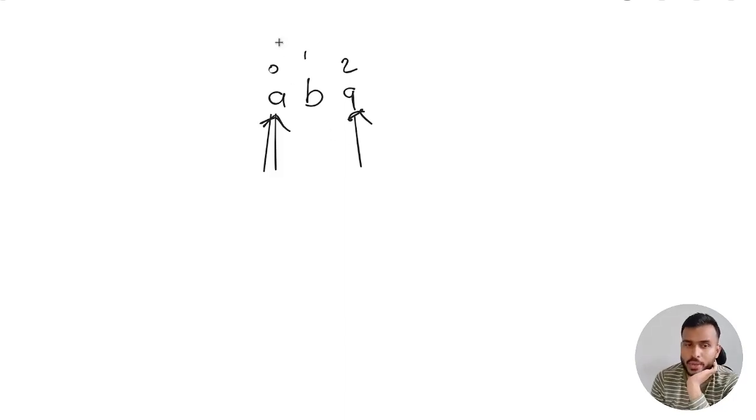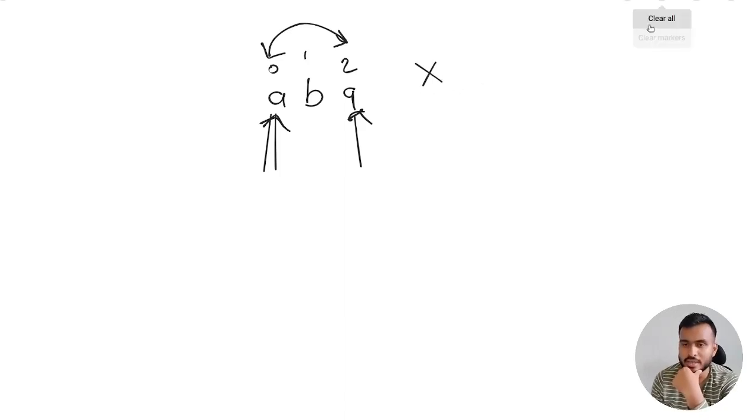Then we can compare the letters at these two positions. If they are same, then we can say that there is a possibility that this string can be a palindrome. But if they are not same, we can say that the string is not palindrome.